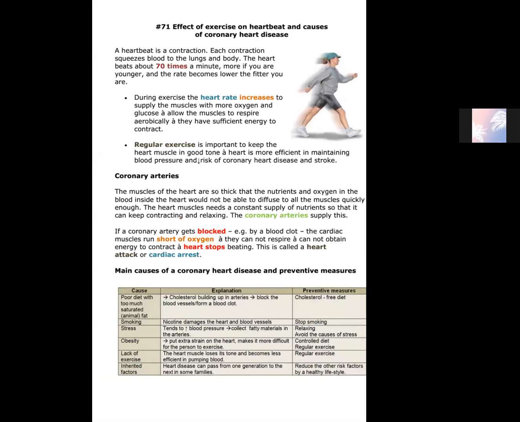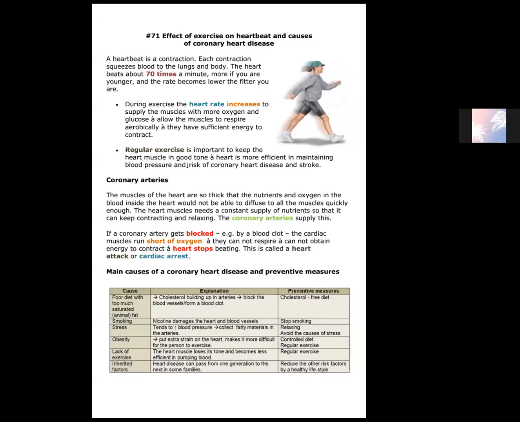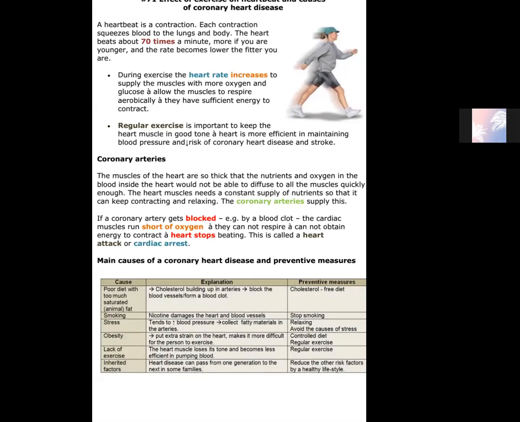There are causes and preventive measures for coronary heart diseases. Poor diet with too much saturated or animal fat: cholesterol builds up in arteries, so they block the coronary arteries and form a blood clot. So it's better if we can reduce the saturated or animal fat.